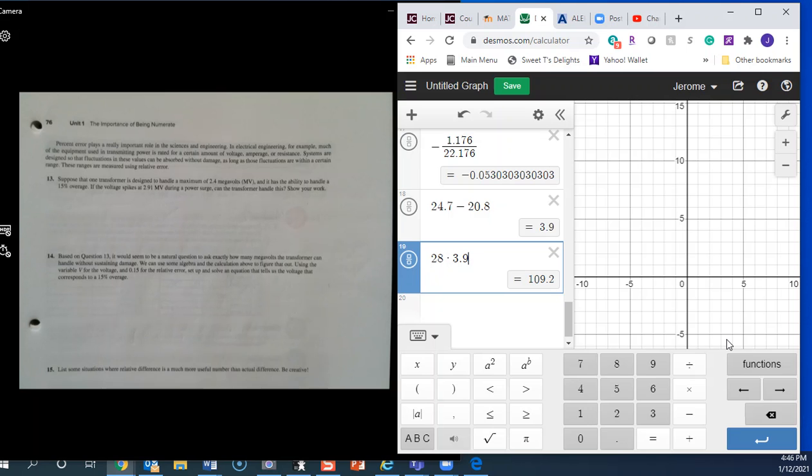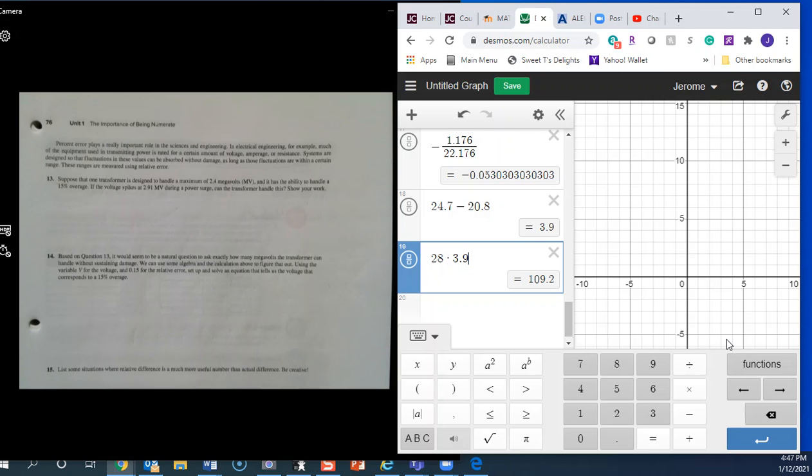These ranges are measured using relative error. Suppose that one transformer is designed to handle a maximum of 2.4 megavolts, and it has the ability to handle a 15% overage. If the voltage spikes at 2.91 megavolts during a power surge, can the transformer handle this?